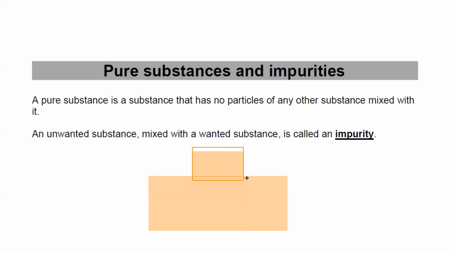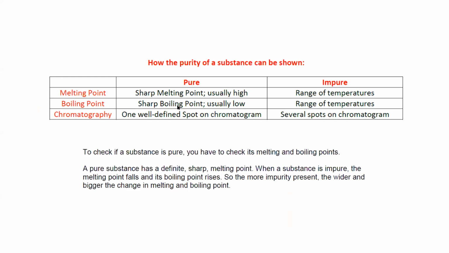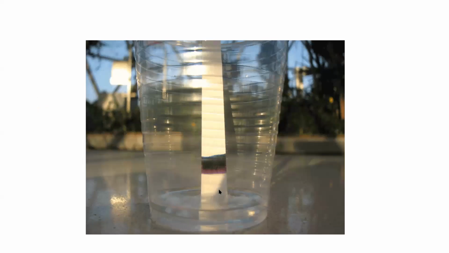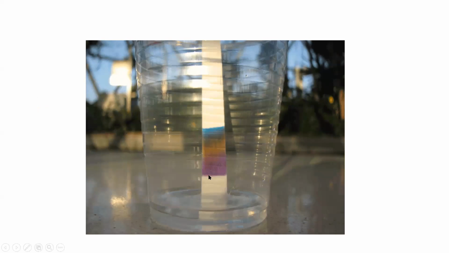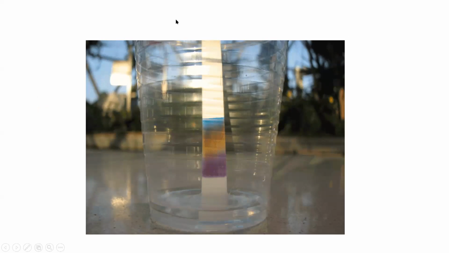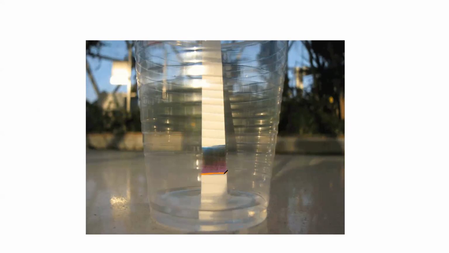Yes, Abdullah? What was the mistake that the student did? The student drew the origin with a pen, an ink pen. That is a mistake. Here, a student drew the origin, but for this he used an ink pen. We should use a pencil to draw the origin.